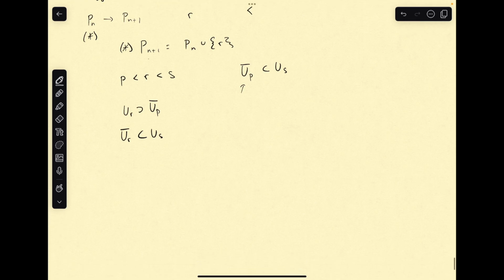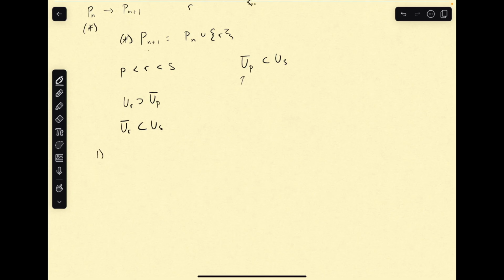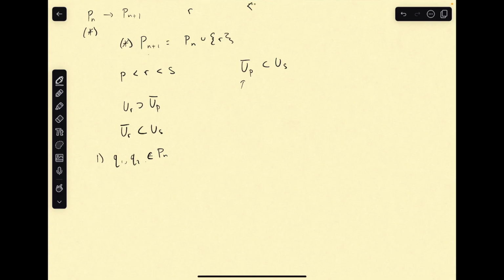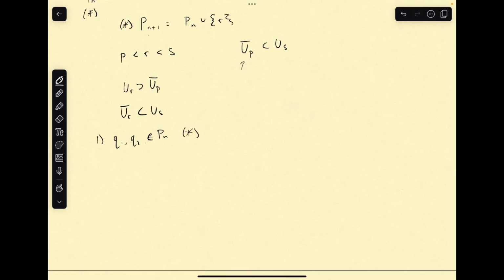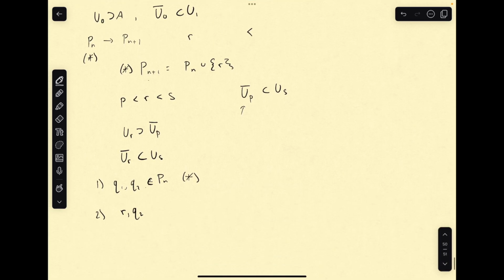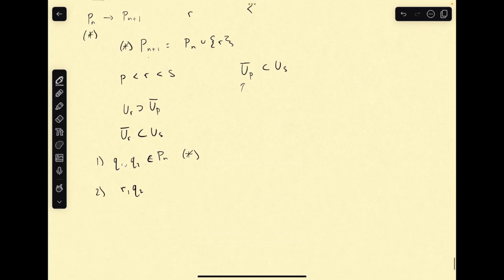So there are two cases. Case one is for the pair Q1 and Q2, where they both belong to P of n. In that case, by the induction hypothesis, the star property holds. Now, the second case is that one of the elements of the pair is R, this new element that we just added.